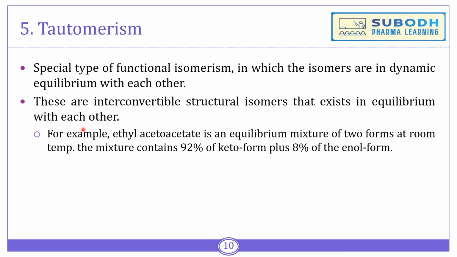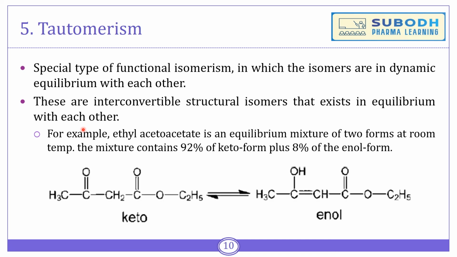For example, ethyl acetoacetate is an equilibrium mixture of two forms at room temperature. That is, the mixture contains 92% of keto form and 8% of enol form.